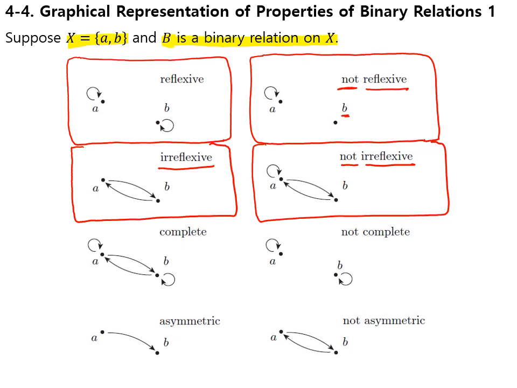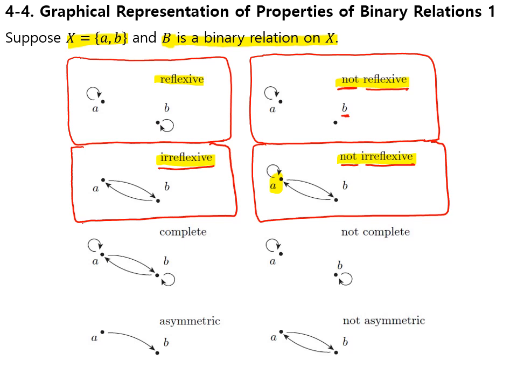Meaning that if there exists an element that bears the relation to itself, then the relation is not irreflexive. And we can see here that the element A bears the relation to itself. Therefore, the relation is not irreflexive, right? So I'll just highlight those as well.